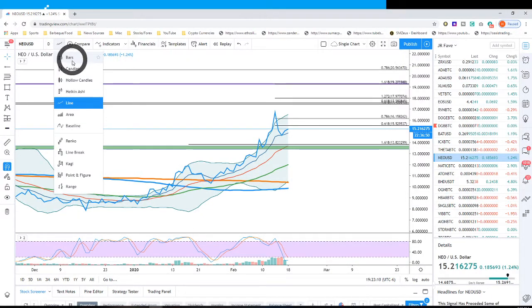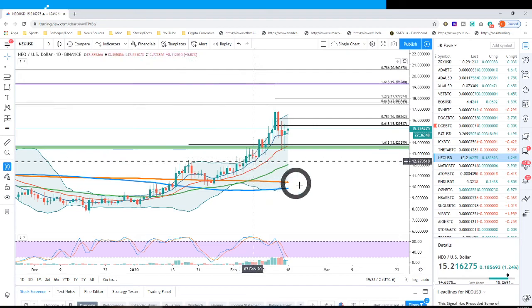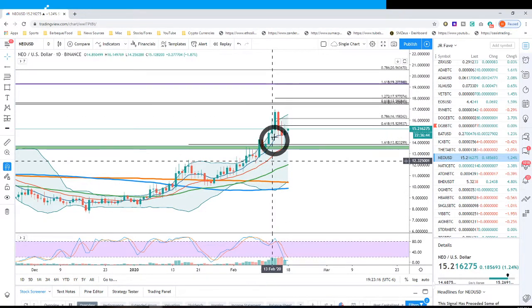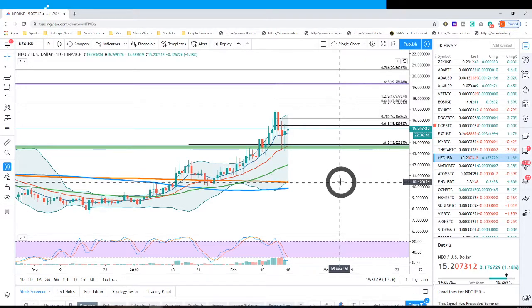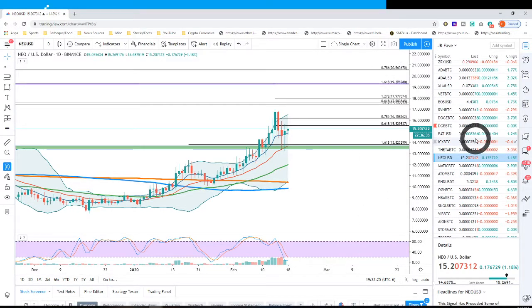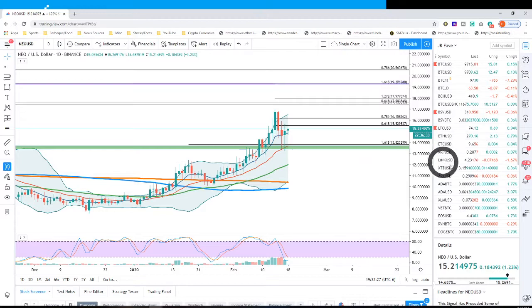So sometimes switching over to a line chart can be very helpful. It takes some of the noise out of all these wicks. And there are plenty that do wick, let me tell you. All right, so that is NEO.